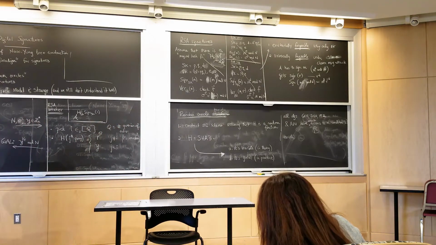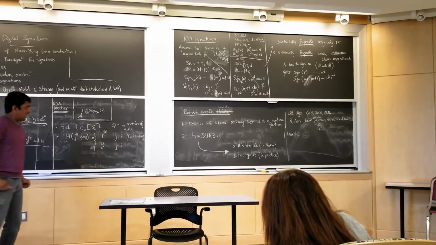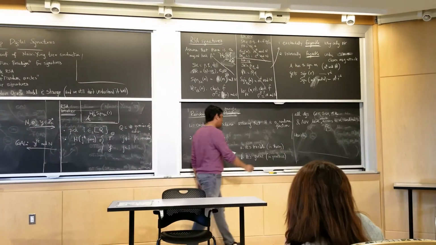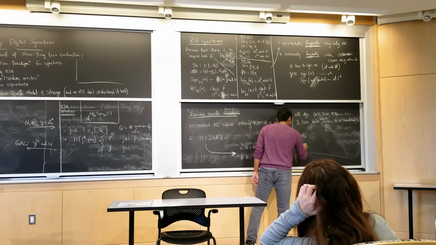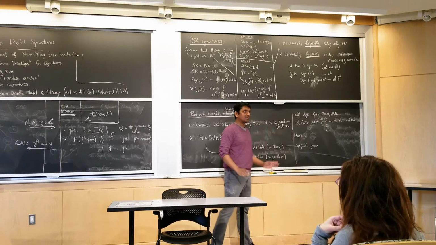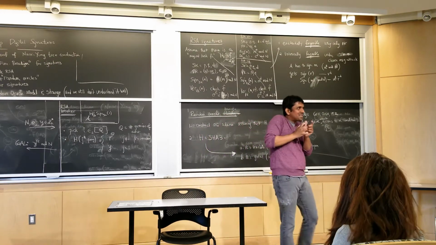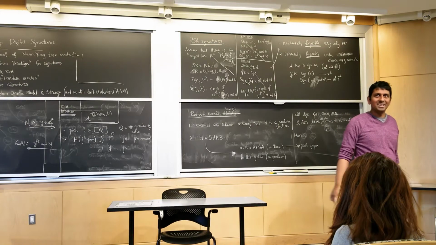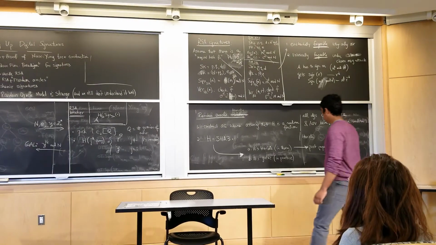I had 2 minutes. I wanted to show you this, but we'll post a paper. You can construct these contrived schemes that basically kill the random oracle model.